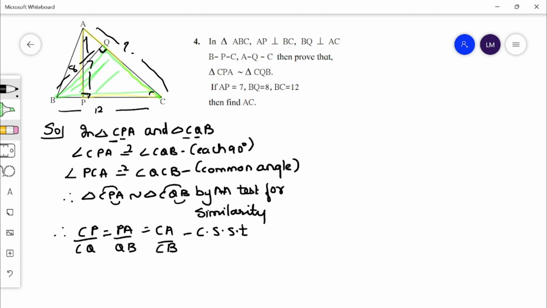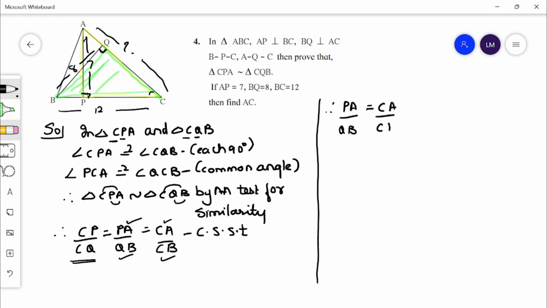Right? Now, in the given question, the value for AP is given, BQ is given, BC is given. So we need to find CA. So that means this part we don't need. So we can write, therefore, PA upon QB is equal to CA upon CB.